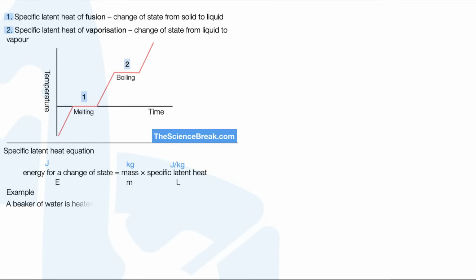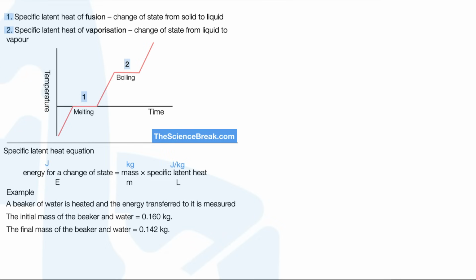So here's an example. A beaker of water is heated and the energy transferred to it is measured. The initial mass of the beaker and the water is 0.160 kilograms. The final mass is 0.142 kilograms. The energy transferred as the water boiled is 50,400 joules.